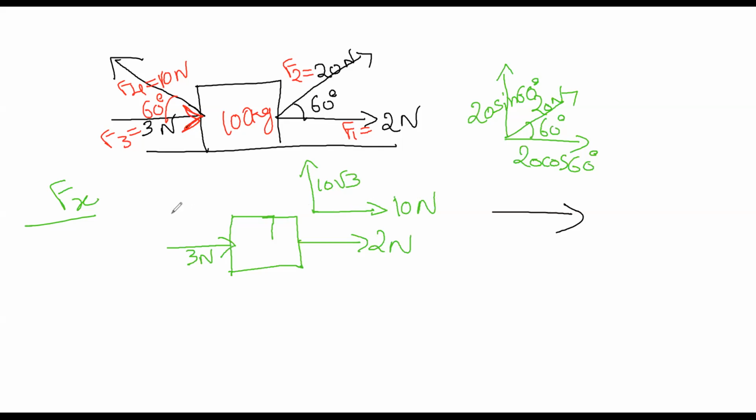Now this one. Next F4. So 5 and 5 root 3. So we have 5 and 5 root 3, right? Tell me the directions. So 5 root 3 upwards and 5 Newton towards the right.